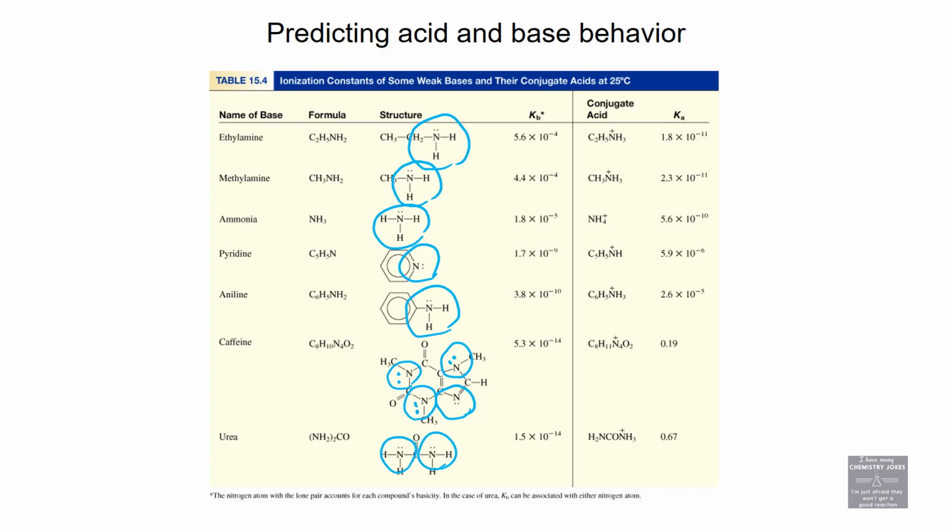They're in this table written in terms of base strength. So if you're talking about a Ka, this Ka is smallest, which means this base is strongest. This Ka is biggest in this table, which means this base is weakest, right? That's how acids and bases relate.